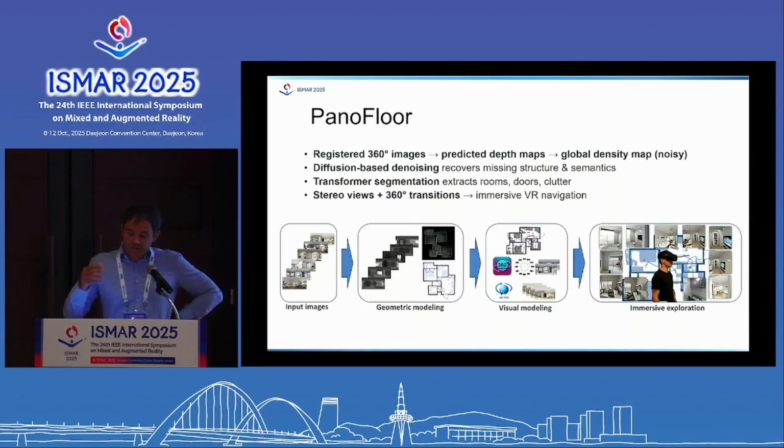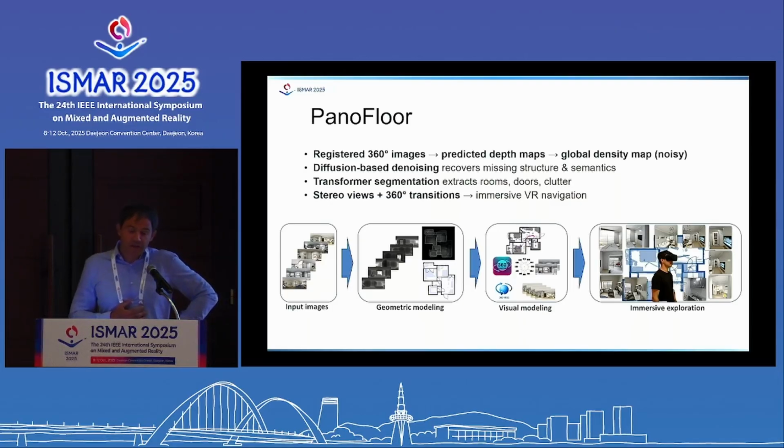We predict the dense depth map for each image. Then, with the positions, we reconstruct a global density map. But this density map, of course, is predicted, so the point cloud is noisy and incomplete in many parts. So we then need to reconstruct the missing structure and semantics.